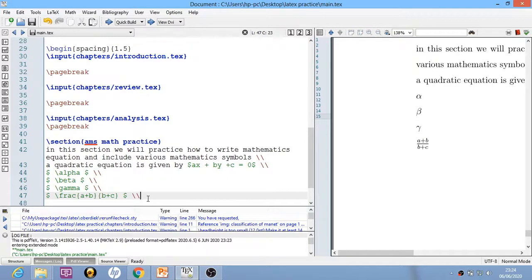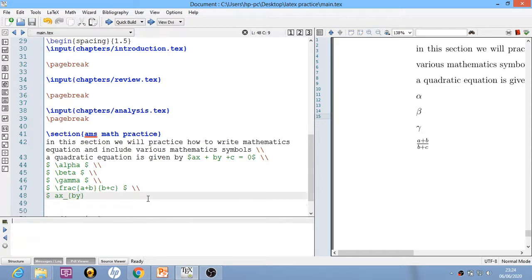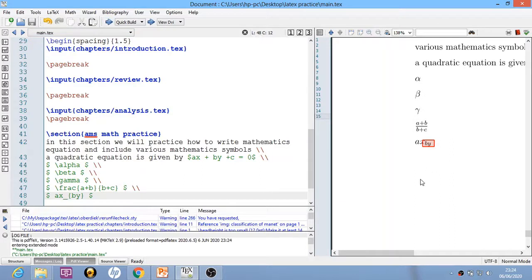Now let us see how you can add a subscript and superscript in this math mode. So suppose I want to write ax subscript by. So it can be written in this way. And again I will end the math mode and I will compile this. So I can see that ax underscore by will appear on my screen.